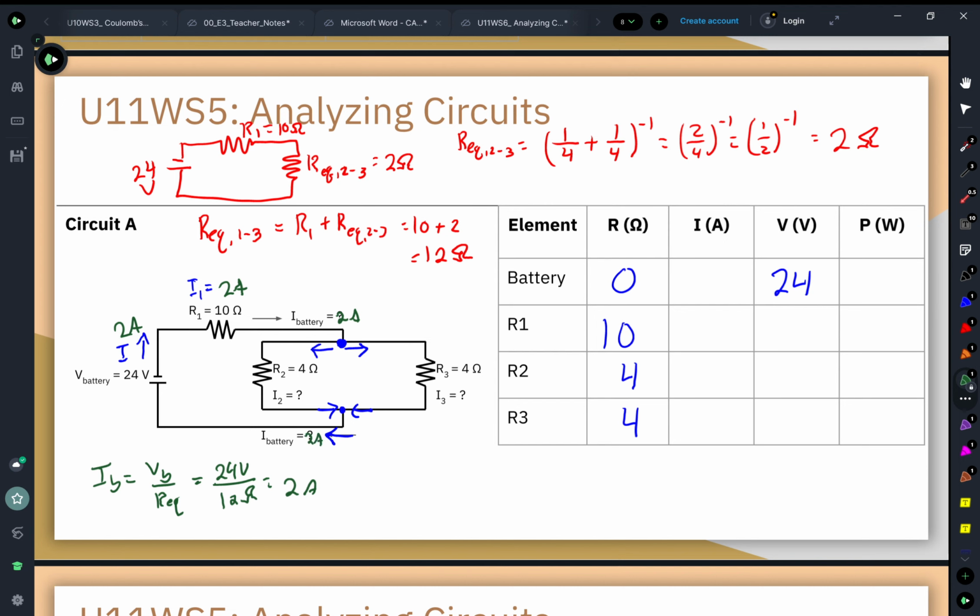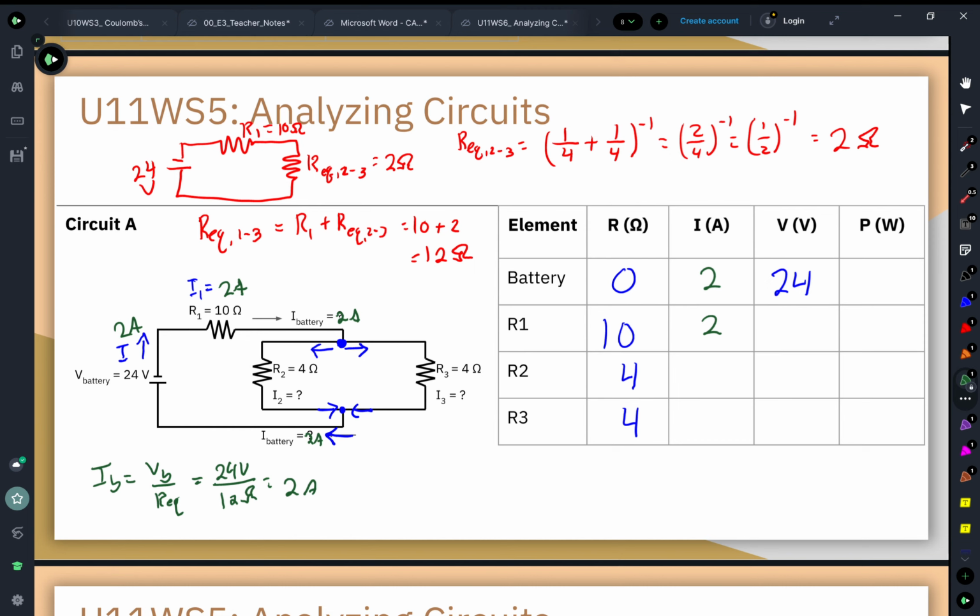However, once we enter that junction, where we have those 2 resistors in parallel, that's where our resistors will not have the current of 2 amps, but their individual currents will add up to that initial entering current of 2 amperes. But I can write down the ones that I know. The current flowing from the battery is 2 amperes.